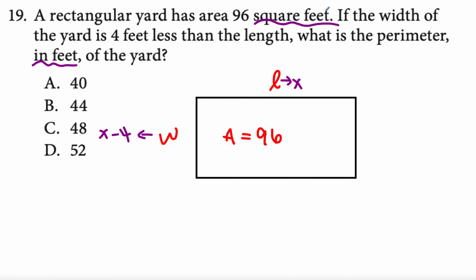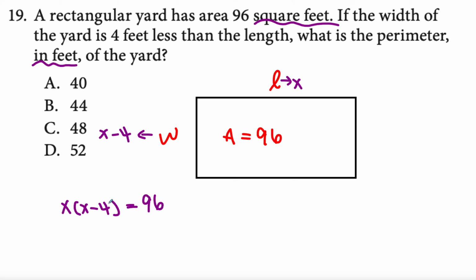Everything was in feet. So first of all, we need to figure out the value of x. But one thing that we know is area is 96, so we can say x times x minus 4, these are the length times width, must be equal to 96.